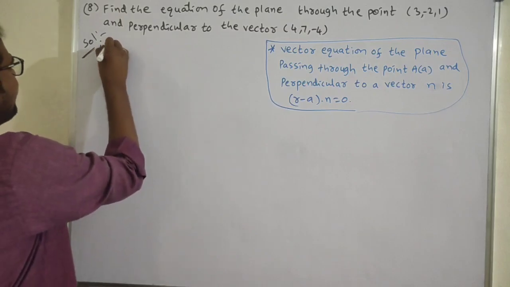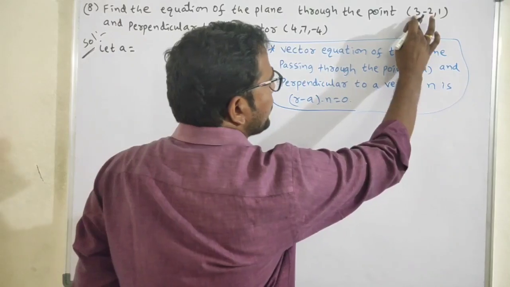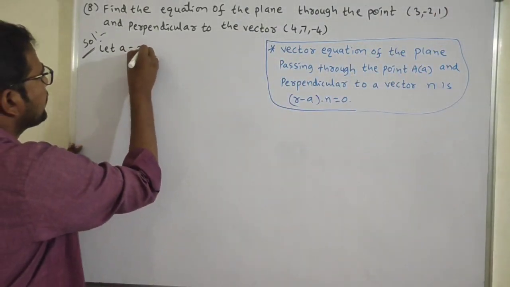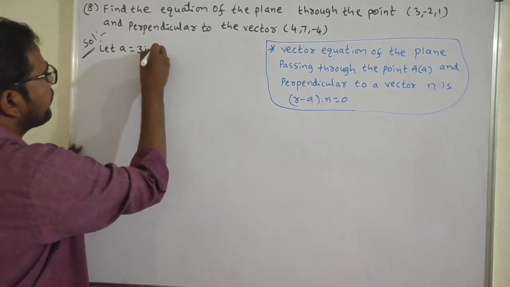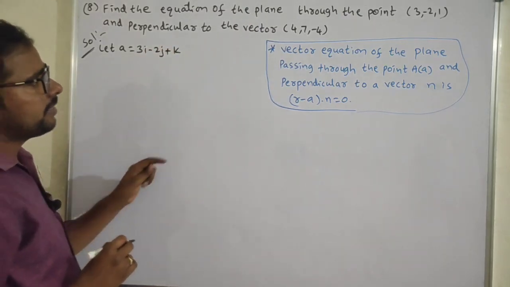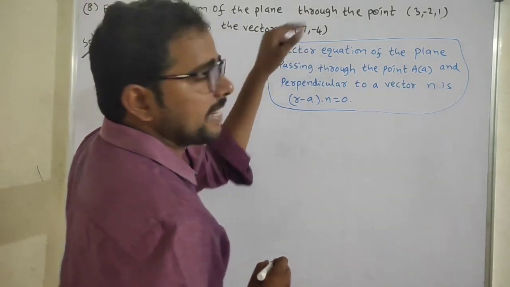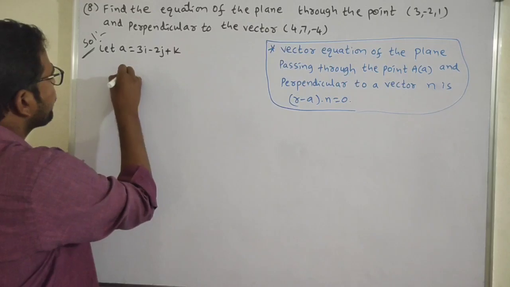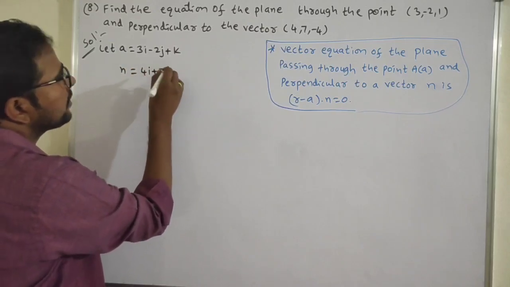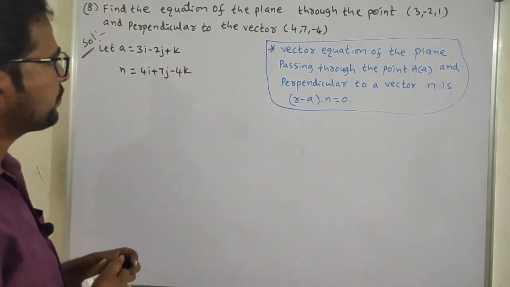Let us take vector a, written in vector form, with the I coefficient, J coefficient, K coefficient: 3 into I, 3I minus 2J plus 1 into K. This is vector a. And perpendicular to the vector 4, 7, minus 4, take this as n. So n is equal to 4I plus 7J minus 4K.